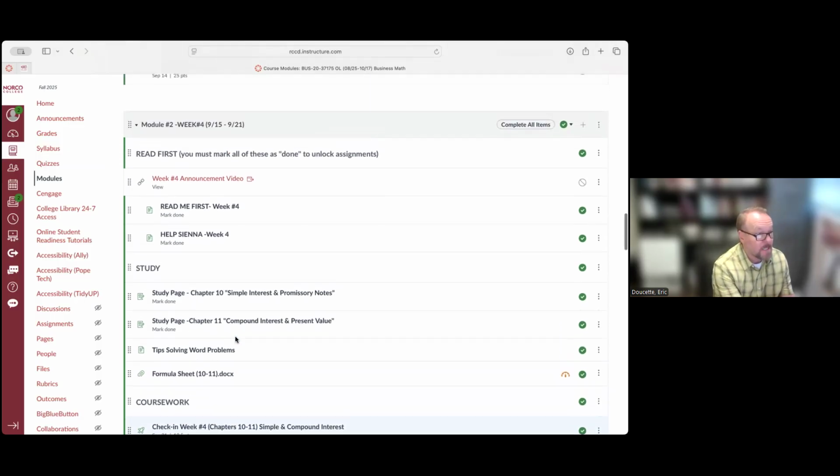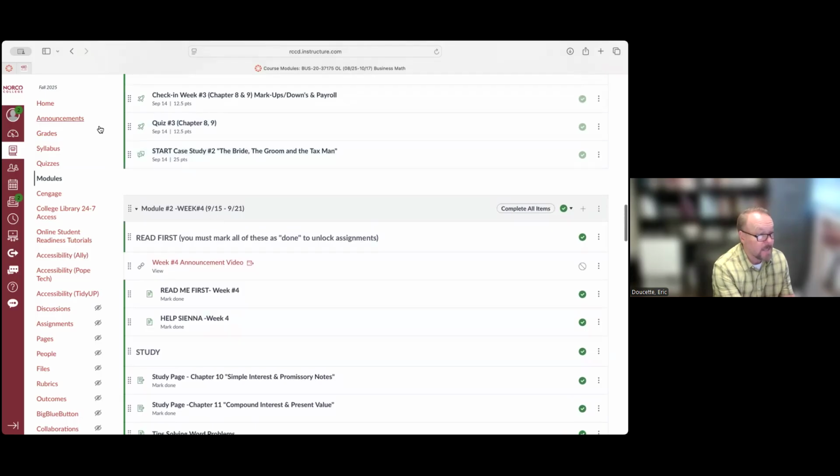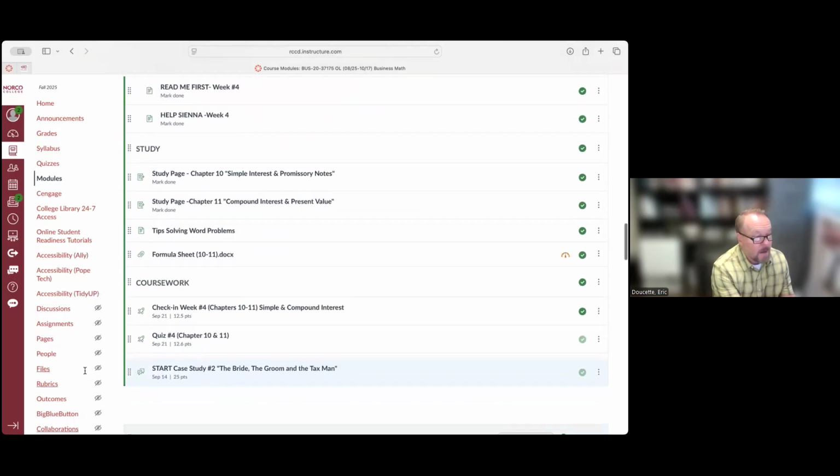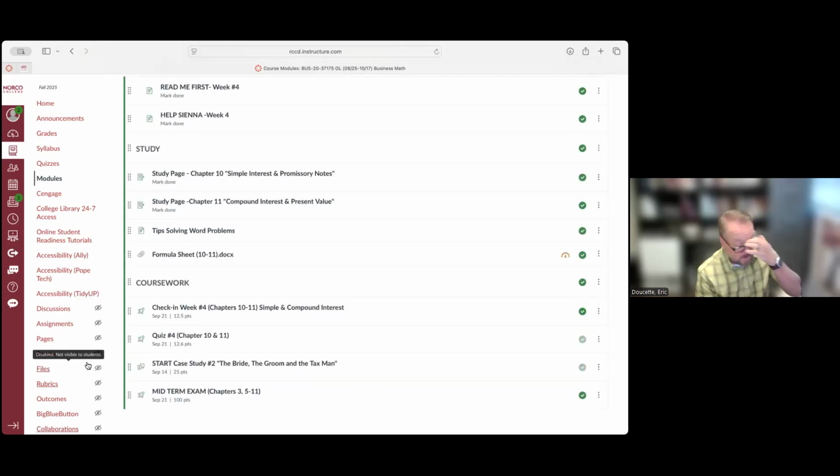The only other thing that's missing here is your case study. So you started it last week. This is the one where you're figuring out Michael's taxes on his payroll deductions when he was single and got paid monthly. Now he's married, so he has some deductions. So you have to figure out what his paycheck is going to be now.